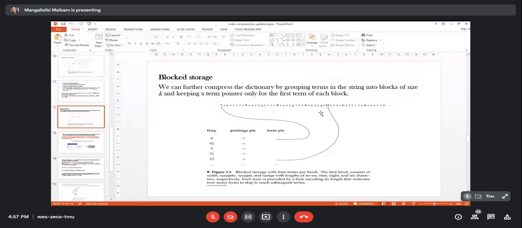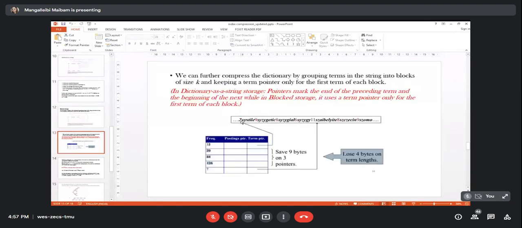So let us consider this example. According to this example, the block has 4 terms and we have the pointer in the first term. Now, calculations. There are 4 terms, so 4 into 3, 12 bytes would be utilized for storing these pointers.